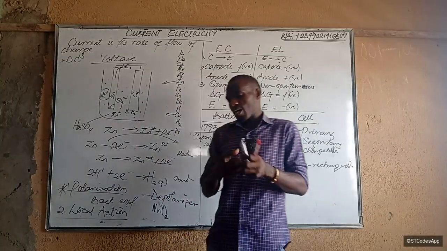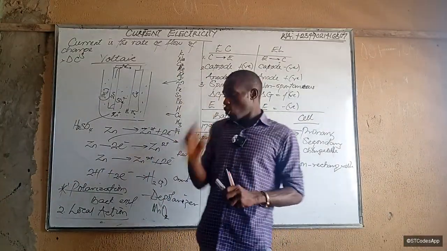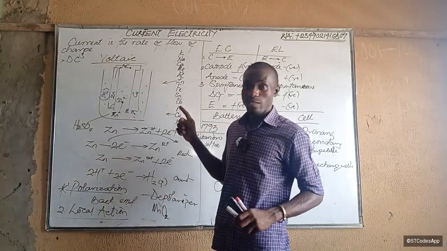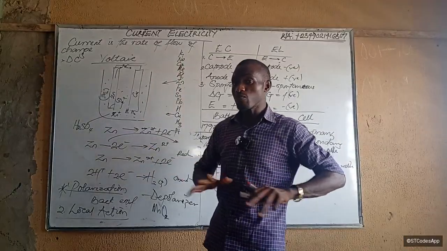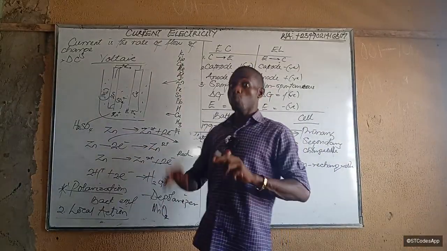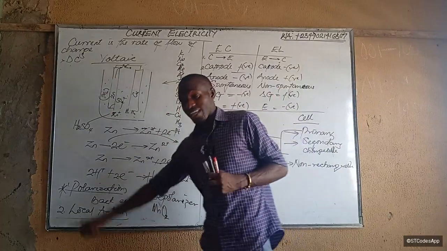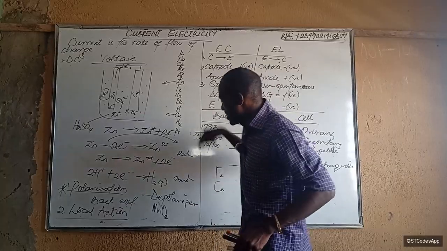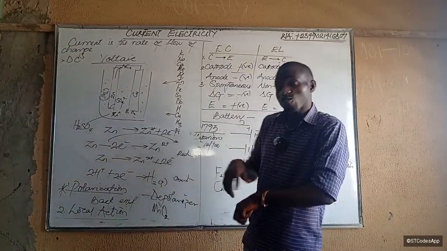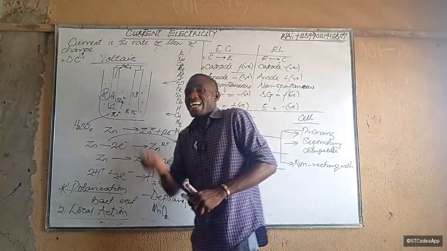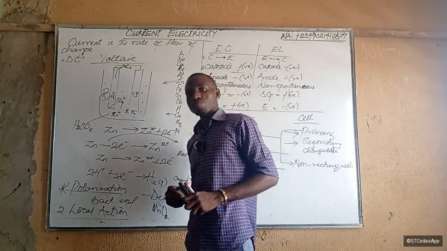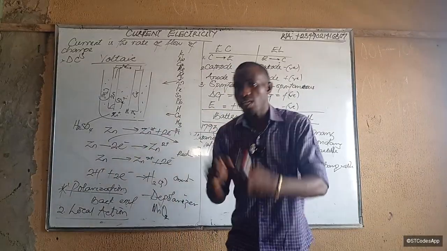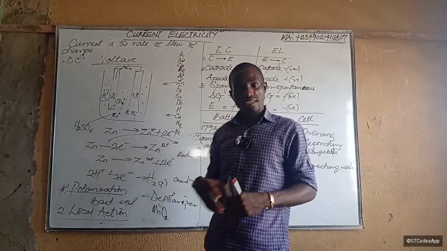Because those impurities are within the zinc metal, local action is a problem that occurs when the cell is not even in use at all. Polarization is when the cell is in use. But when the cell is not in use, the impurities within this zinc electrode are going to set up an internal EMF, such that they will begin to exchange electrons with the zinc.